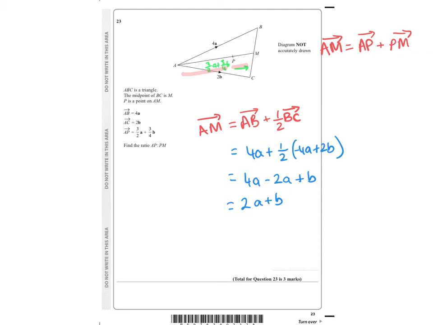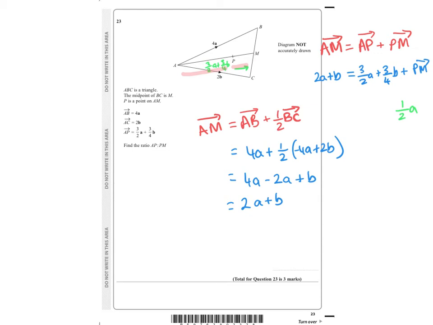So if I have a look here, I know AM is 2A plus B. I know my AP is 3 over 2 A plus 3 over 4 B, and I need to find my PM. Well, if it's 2A and I've got 3 over 2 A, I need a half A for my PM for this to work.